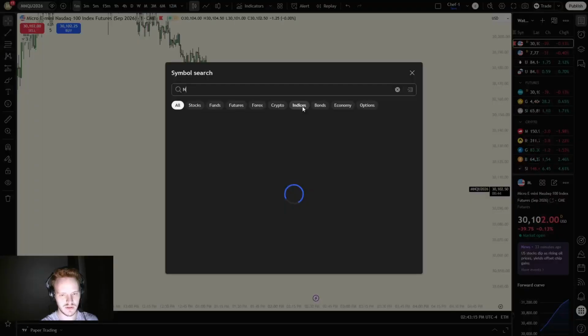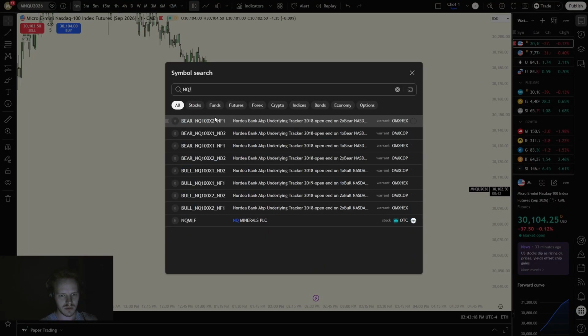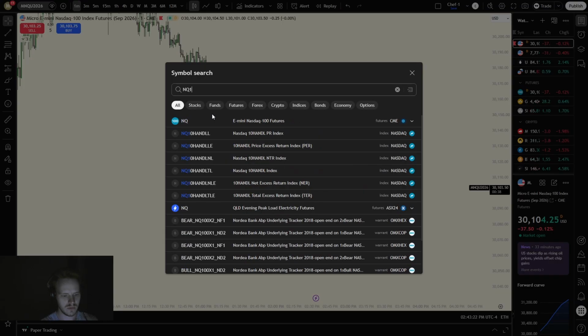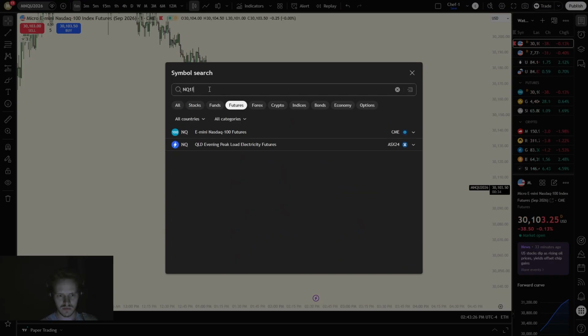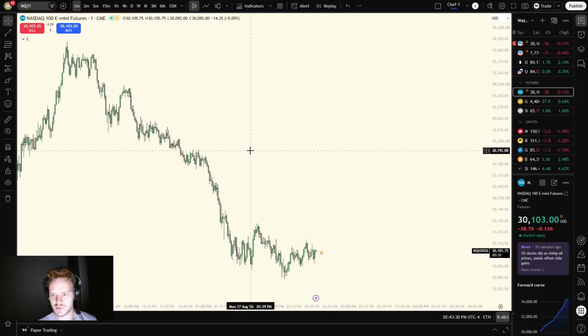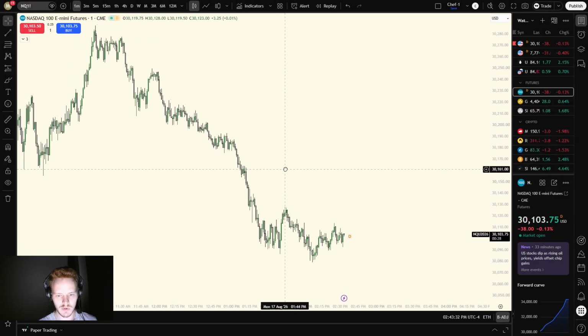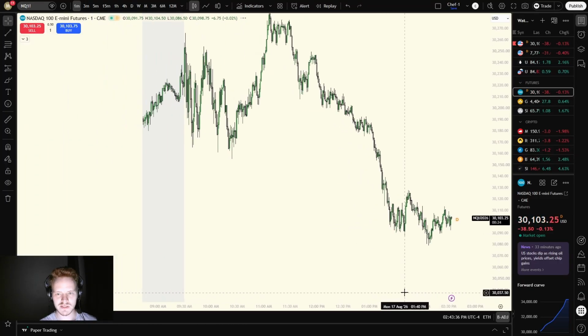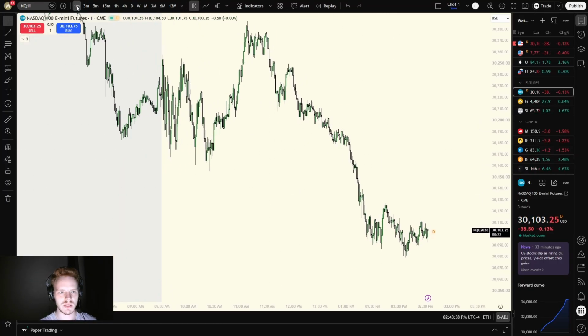Let's go to the E-mini futures. And we can see, if you're paying attention to the chart on the 1 minute candles, price is relatively the same.